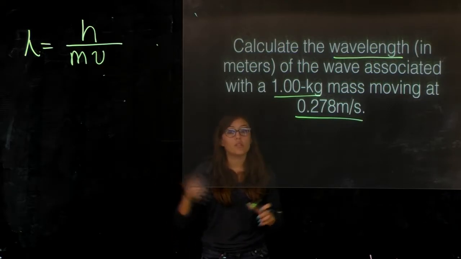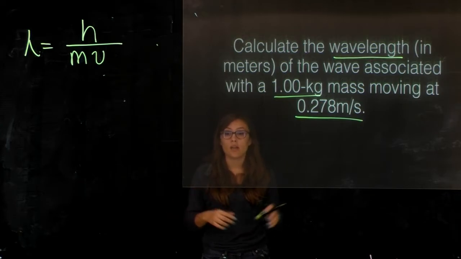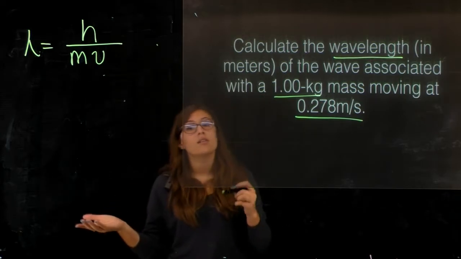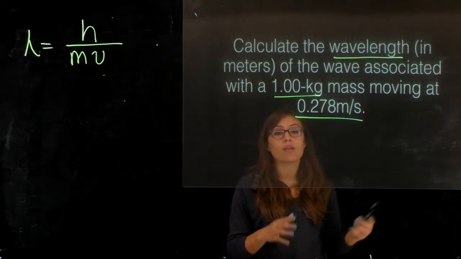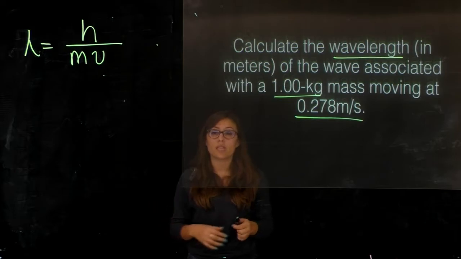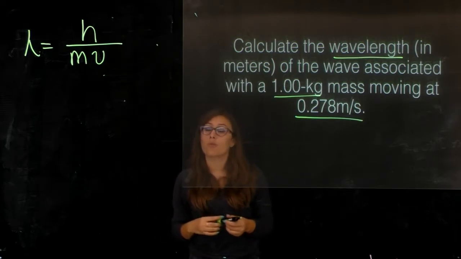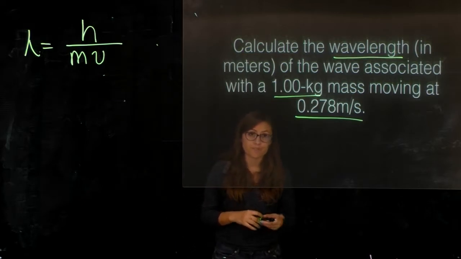Early on, we used the equation that corresponds to the wave-like properties of light: the speed of light is equal to wavelength times frequency, and we could also calculate the energy associated with it. But the particle properties are described by the de Broglie equation.